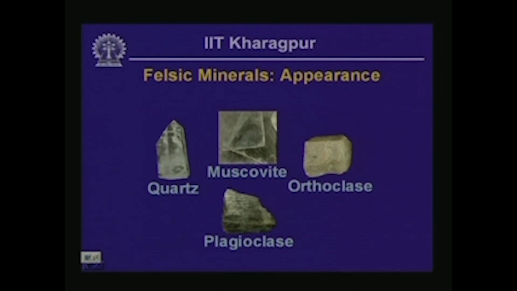It has got a flesh like color, the color of the flesh of an animal, for instance, and plagioclase feldspar is at the bottom picture there. So these are the physical appearance of the major rock forming felsic minerals.